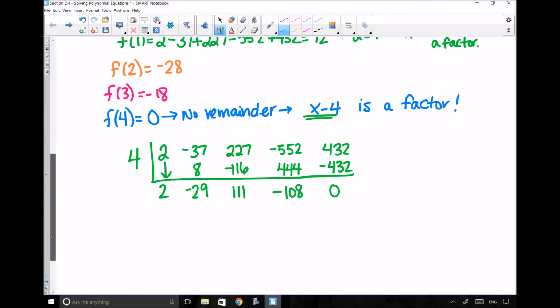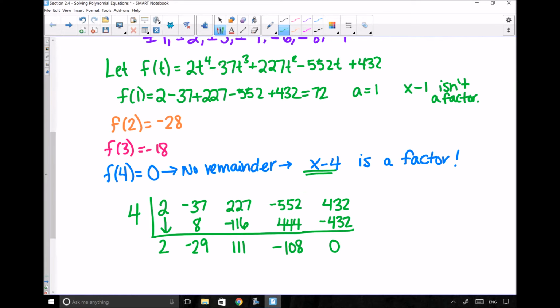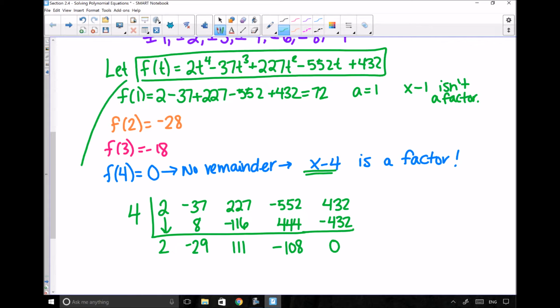So that means that this f of t piece that I have right here, I can rewrite a little bit differently. I can say that f of t is equal to x minus 4 times, and then this stuff right here, let's work backwards.